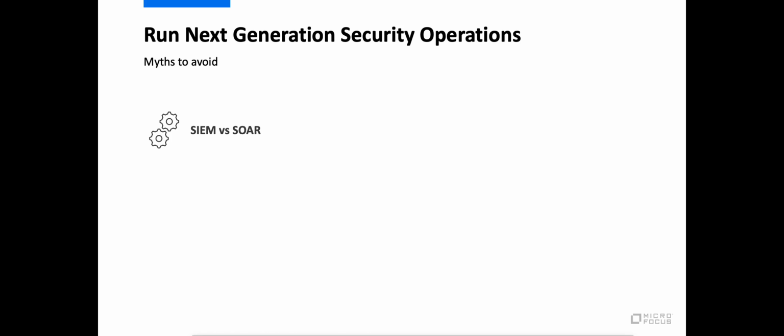SOAR needs that to go and compare what's happening in the past, to go and realize which other systems are affected by the threat that it was notified of, and usually it's notified about the threat that it's investigating and automating the response to using the SIEM solution.